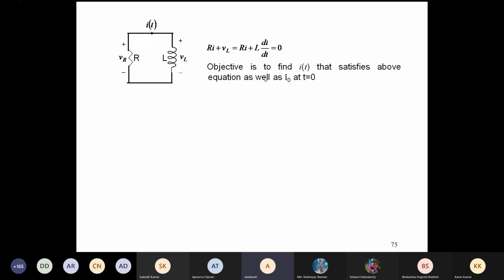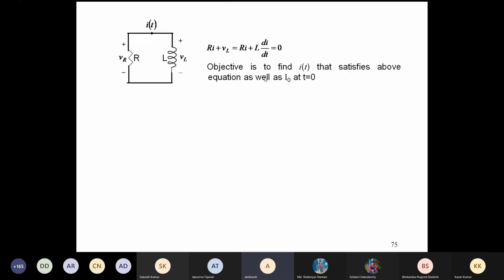So ultimately the objective is to find out the current i(t) for t greater than 0. You had a situation for t less than 0, and at t equal to 0 some switching took place. So for t less than 0, you determine the condition at t equal to 0, which is going to act as an initial condition for t greater than 0.